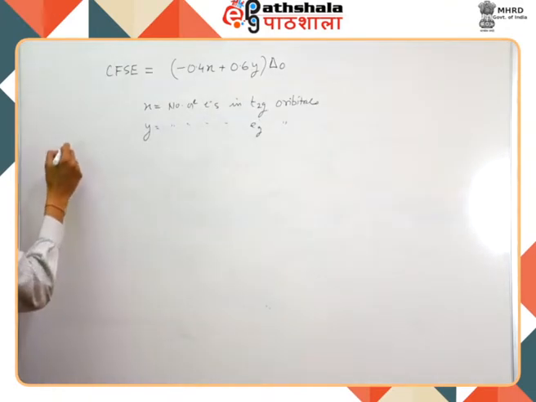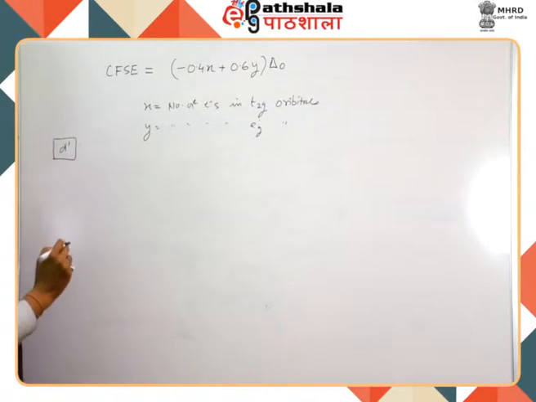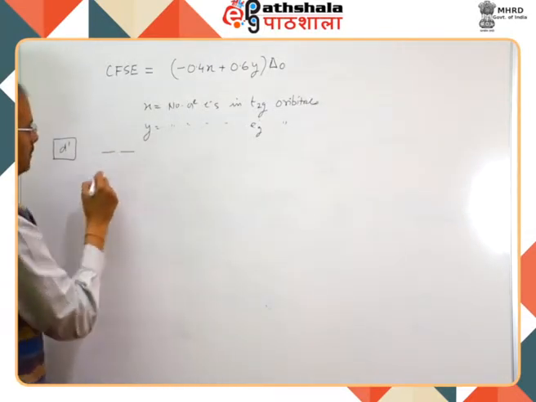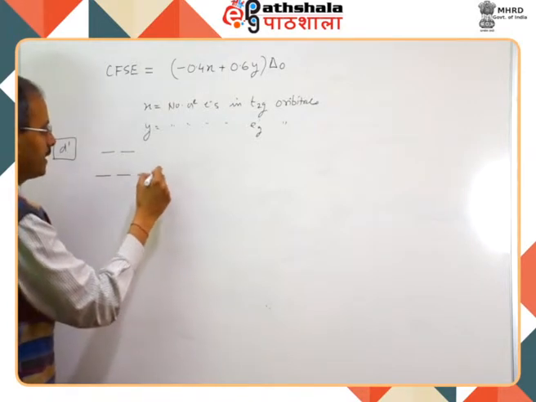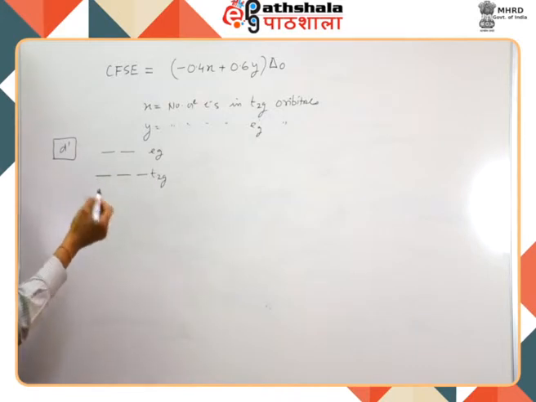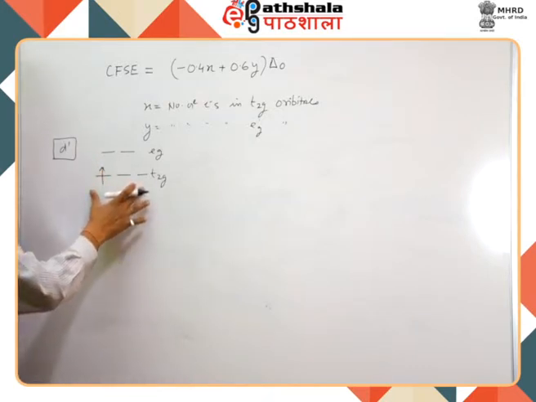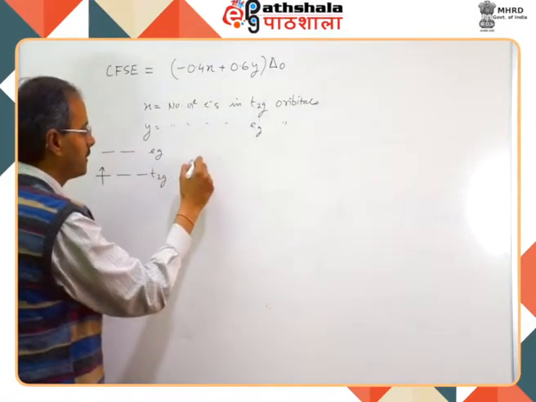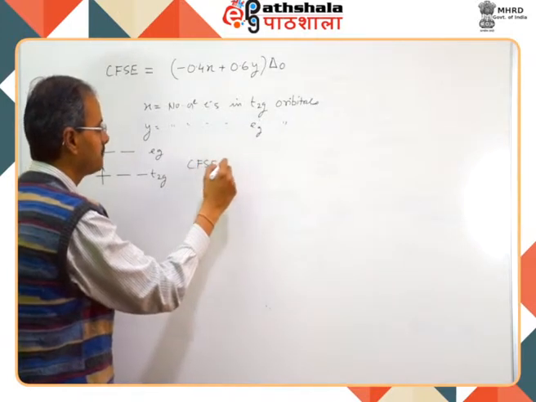So let us see what will happen if we start from a D1 electronic configuration. We will try to see where exactly the electrons are going. With one electron, there is no problem. The electron can go to any of the T2G set of orbitals. So what is going to be the CFSE for this combination?